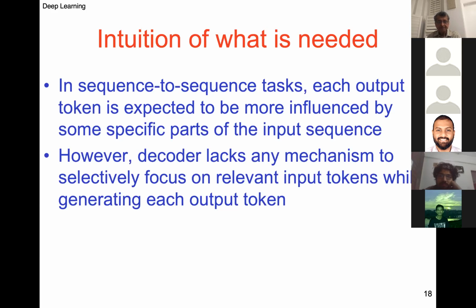So we expect each output to be influenced by specific parts of the input sequence, not just that word, but others, more specifically some, but not all. There should be a selective focus on which ones should be influencing it.